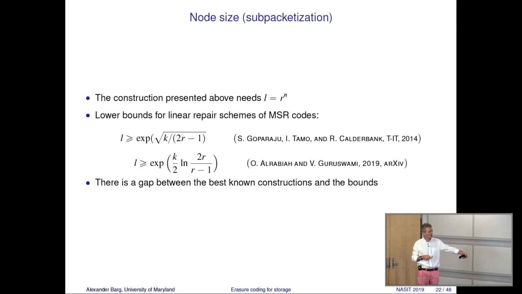Relatively early, Goparaju, Tamo, and Calderbank had an exponential lower bound on sub-packetization, but the exponent is square root of k, whereas in the constructions, it is exponential in n. So there is a gap, a substantial gap, right? It's exponential in n compared to exponential in root n.